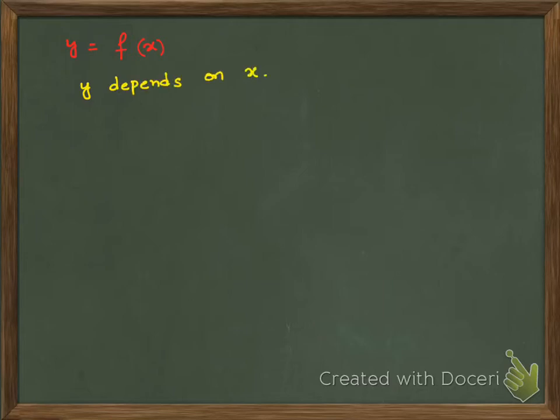That means if I change x, y will change. When y is not dependent on x, you can say y is independent of x, that means y is nowhere related to x. So when I write y equal to some function of x, it indicates that y depends on x, so you change x, y will change.